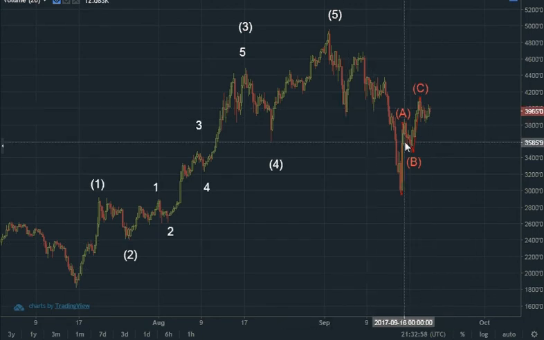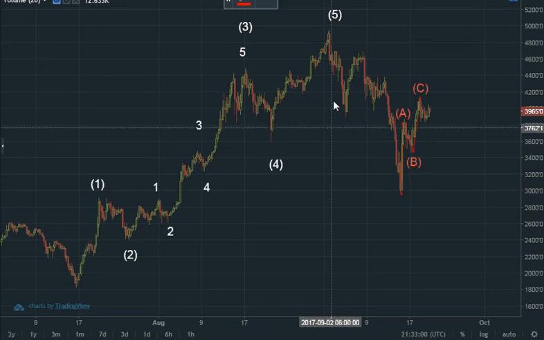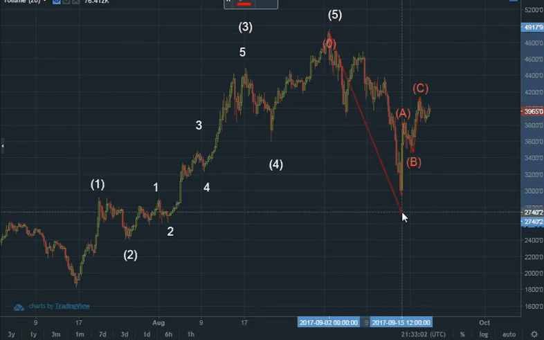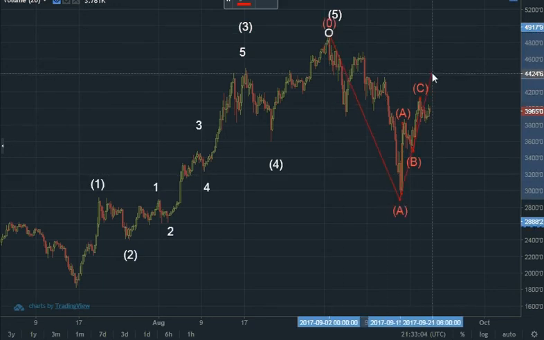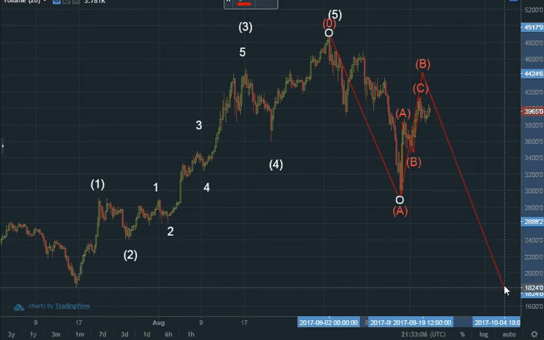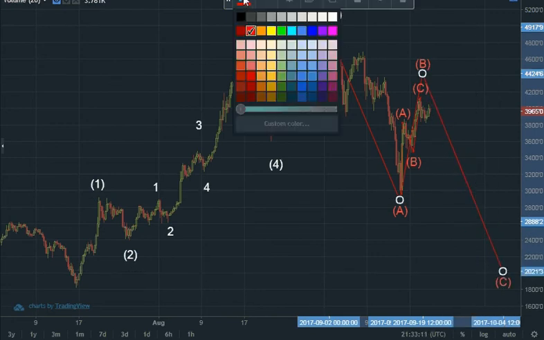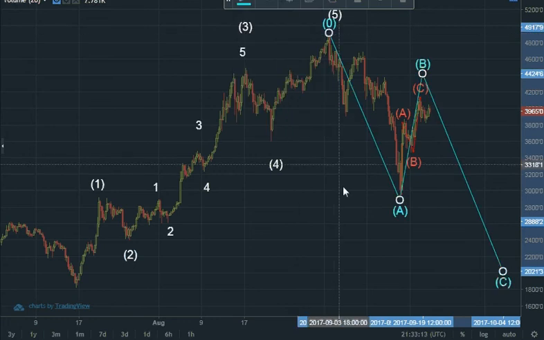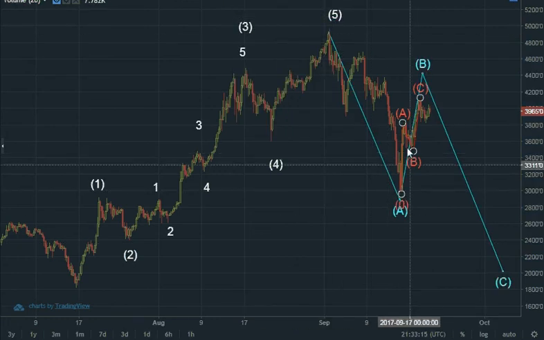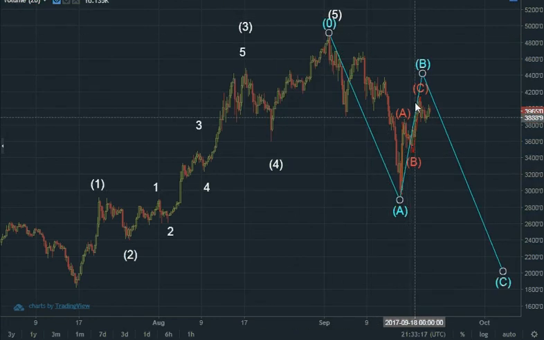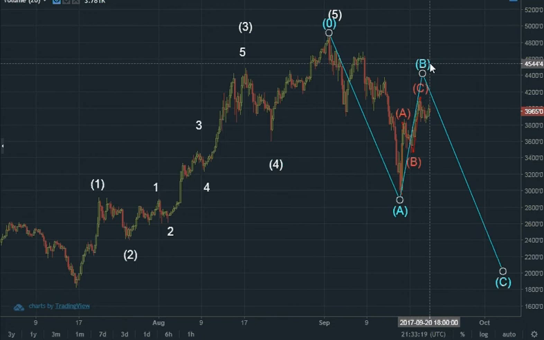And if that's the case, then we're only looking at the subwaves of a higher degree B wave.